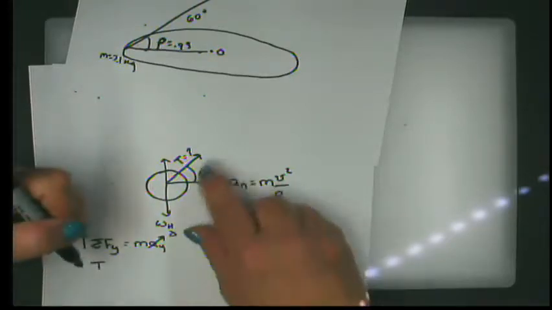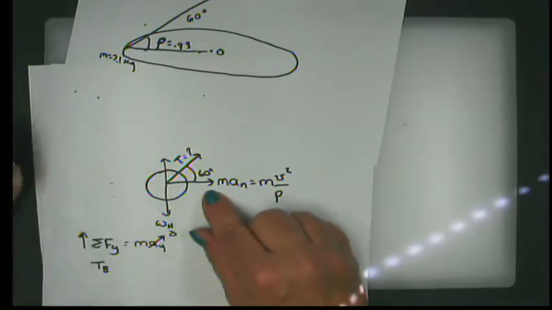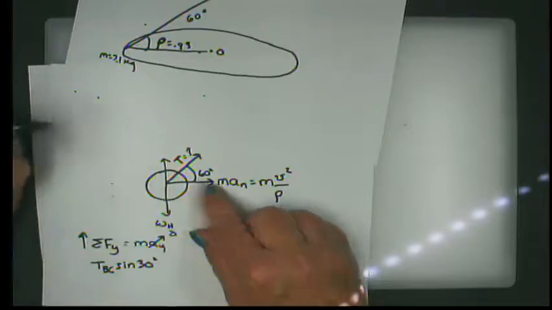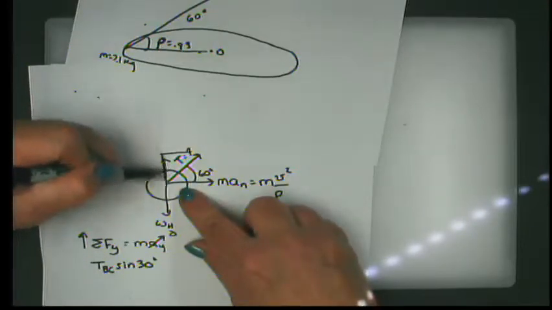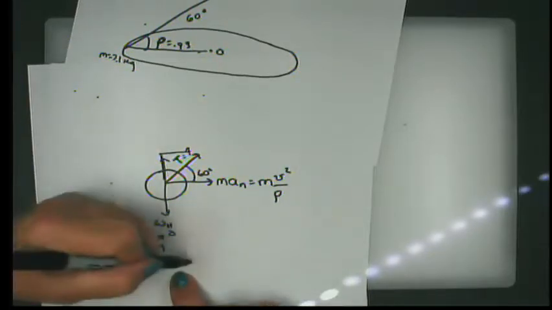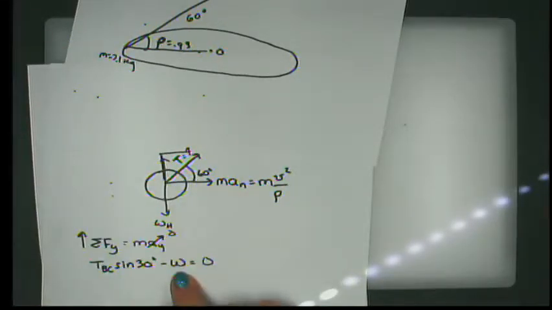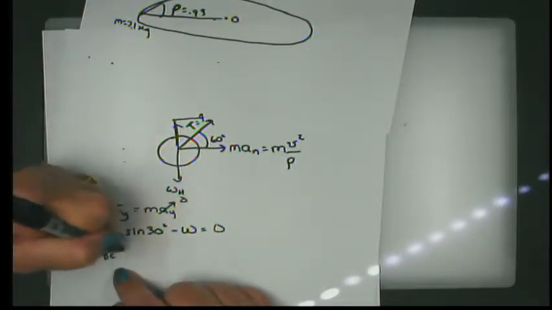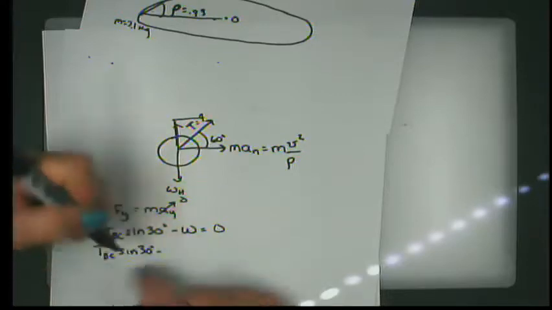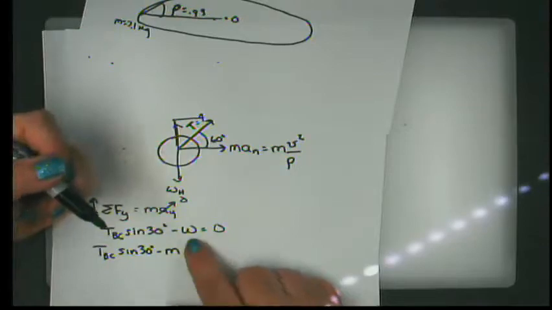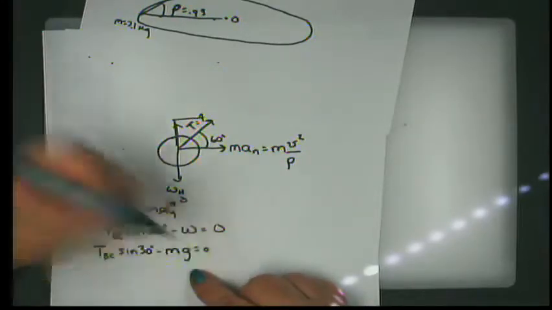That's directed upward, and it's the tension T_BC times the sine of 60 degrees. So that's the component of T_BC acting upward in the y direction, minus the weight of the ball, and those two things added together equal 0. So I can say that T_BC times the sine of 30 degrees minus the weight, which is equal to the mass times gravity, is equal to 0.